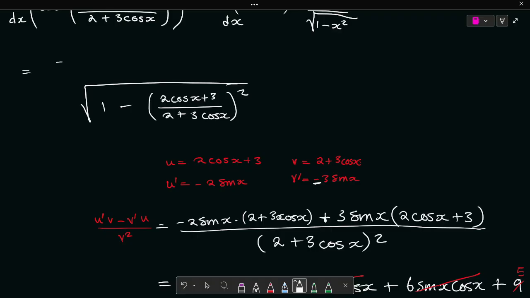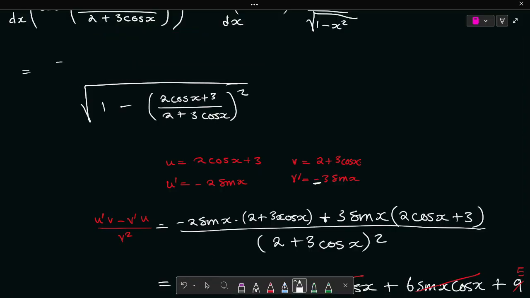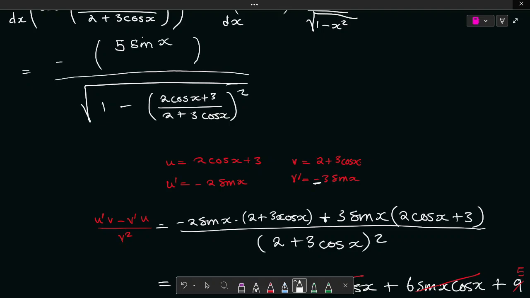The answer we got was, remember there is a negative here, negative 5 sine x over 2 plus 3 cos x, and we have a square.